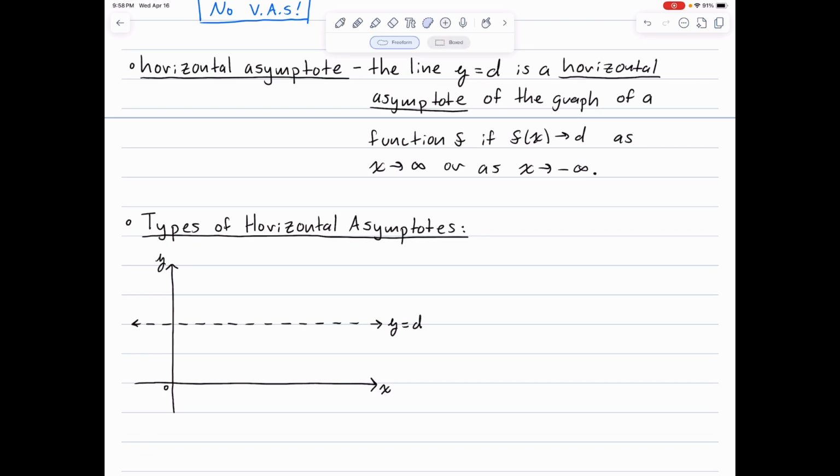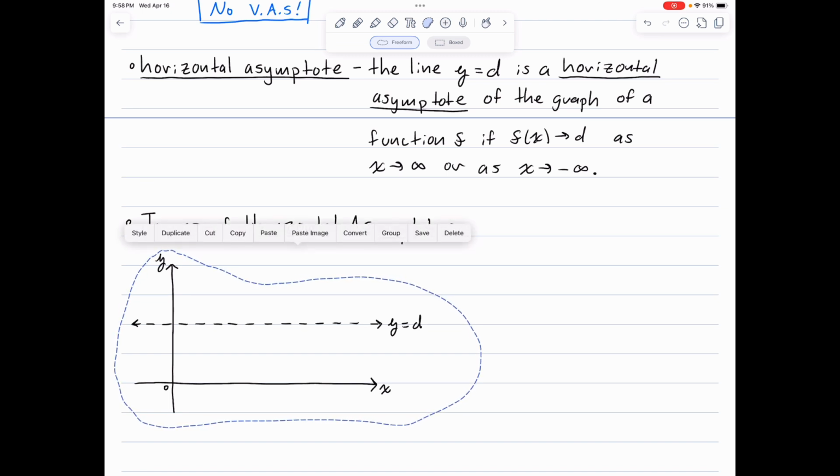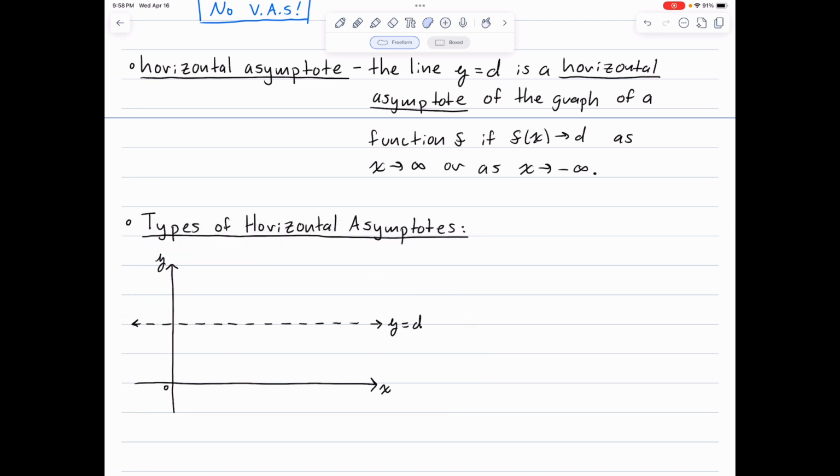Okay. And I'm going to copy this. And like I said, if you need to pause so you can draw this, feel free. Copy. Okay. All right. So the first one we have is that they'll both approach from the top and go on forever.